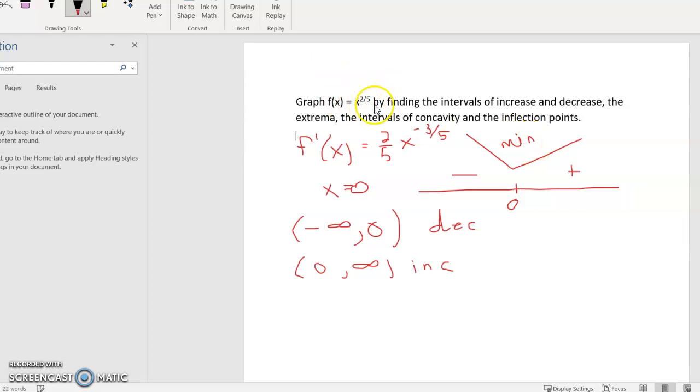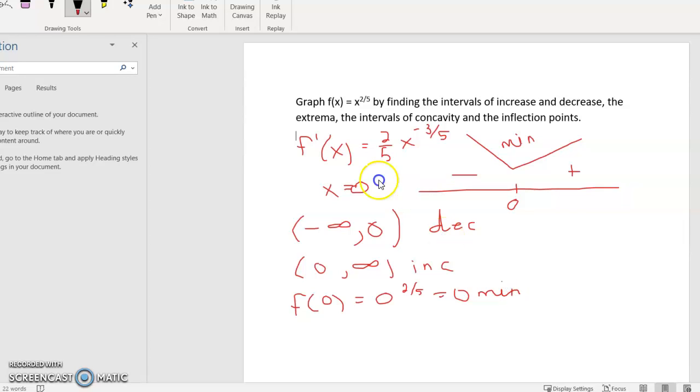And remember, we said up here that nothing was undefined for this original function, so we can plug that 0 into the original function and actually get that minimum, which is just going to give us 0, because of course 0 to any power is going to be 0. That's our minimum. All right, so there's the first derivative.